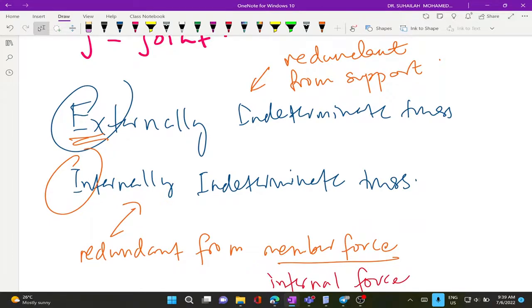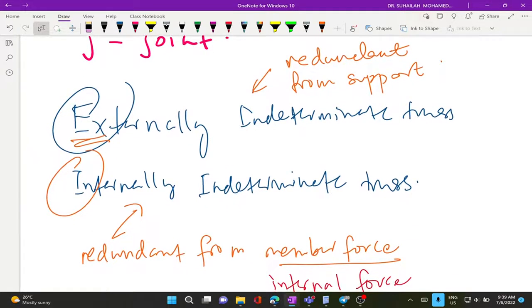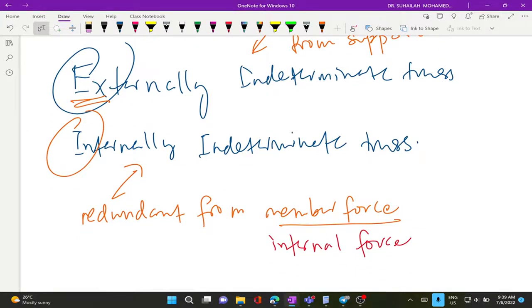If it is externally indeterminate, as usual, we remove the reaction at the support. But if it is an internally indeterminate truss, we have to remove the member force.